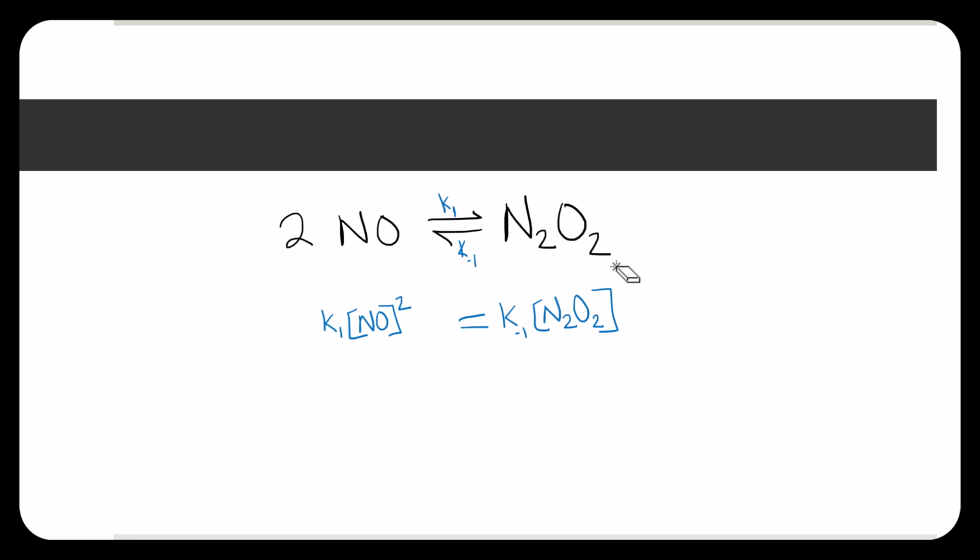The whole purpose of this exercise is to get N2O2 by itself, because I want to replace that variable on the other slide. To get N2O2 by itself, I'm going to divide by k negative 1. Those cancel, and we're left with N2O2. So here is the variable I want to replace, and here's what I'm replacing it with.